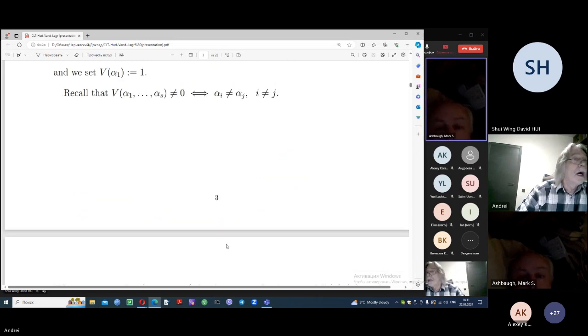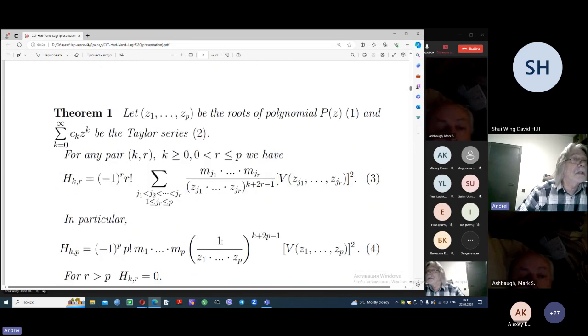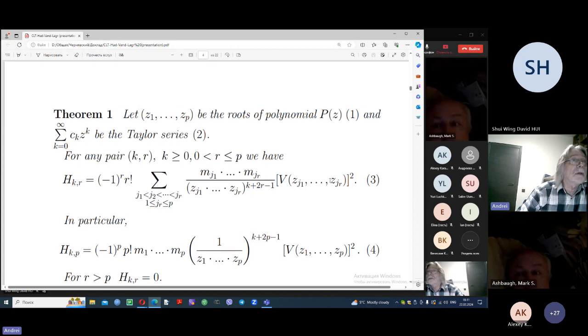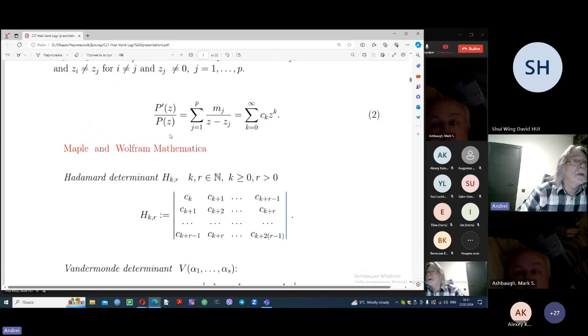So the first result links the Hadamard and the Vandermonde determinant. Again, I'm recalling the Hadamard determinant: for a polynomial, it is the corresponding determinant built by means of the terms of the Taylor series.